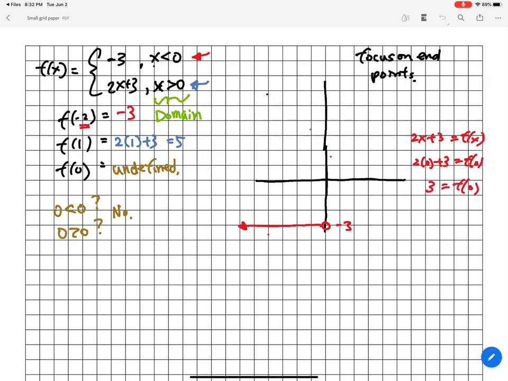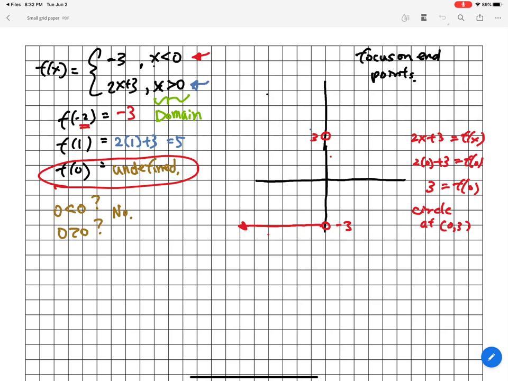But didn't we say earlier that this is undefined? So at that point, I'm going to put a circle right at 0, 3, to show that at 0, 3 it is undefined. But I'm going to graph the rest.